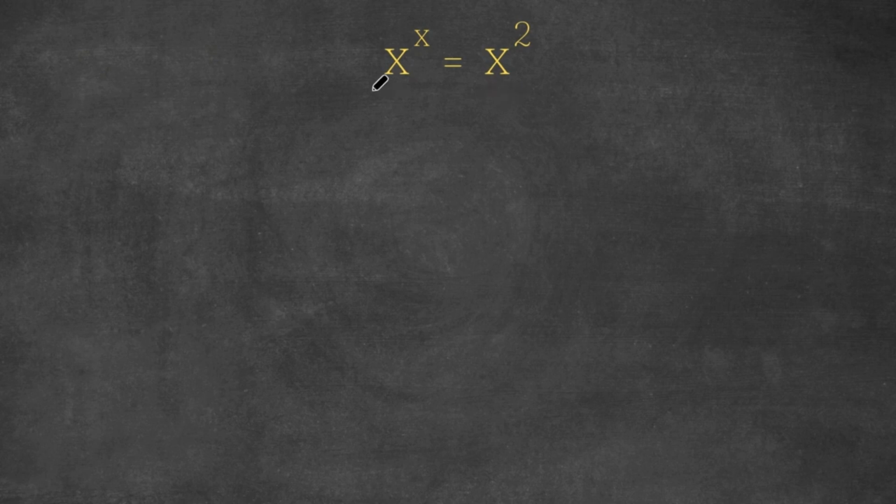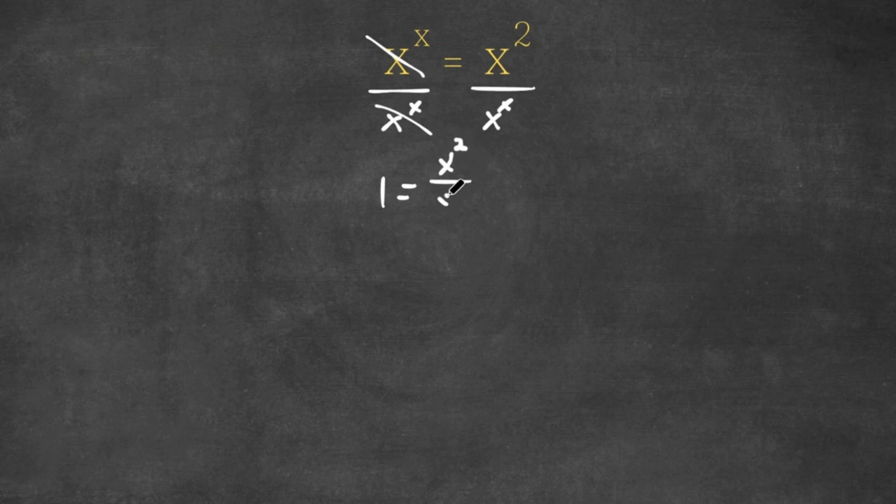So now I have x to the power of x divided by x to the power of x is equal to x squared divided by x to the power of x. Now x to the power of x and x to the power of x, these two cancel out. So now I have 1 is equal to x squared divided by x to the power of x.